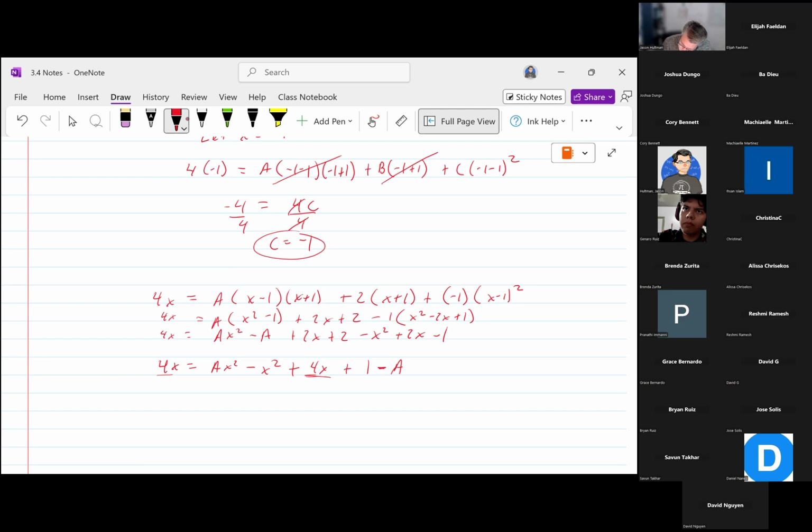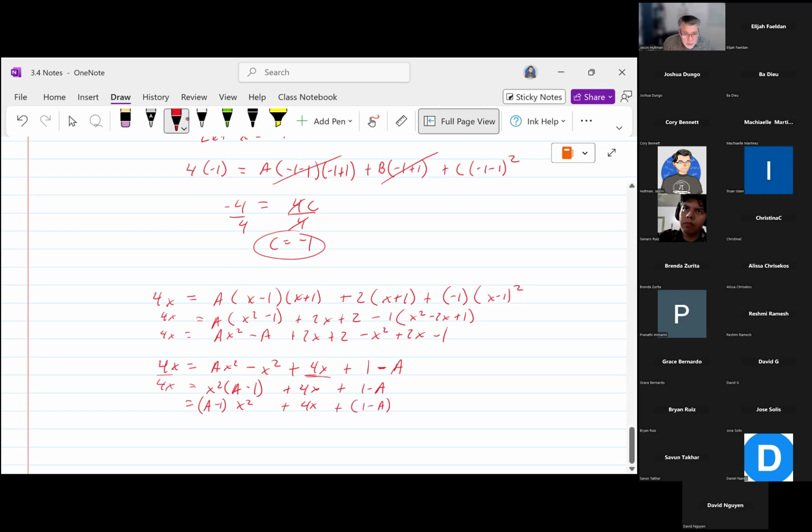If I factor out the x squared, I get x squared times (a minus 1) plus 4x plus (1 minus a) is equal to 4x. I'm going to put the a minus 1 in front: (a minus 1) times x squared plus 4x plus (1 minus a).